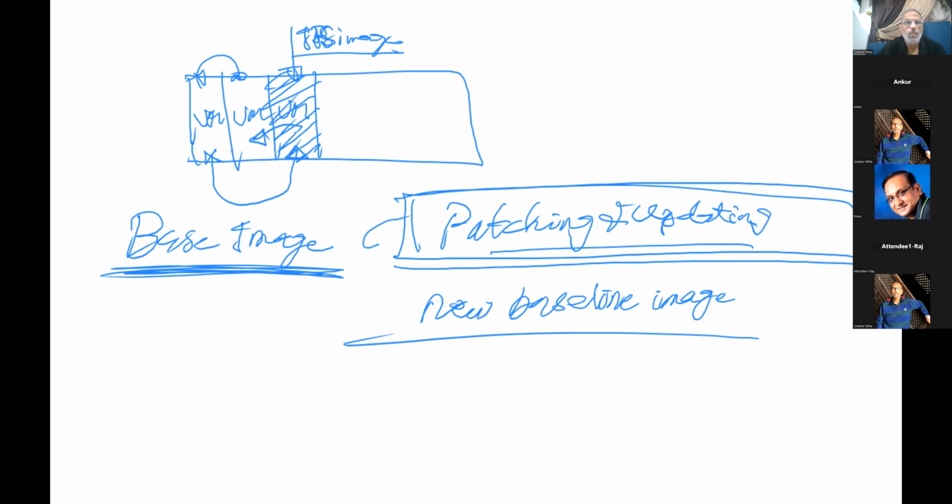So, sir, on this patching, will the cloud service provider follow the same steps as when changing the VM images, right? What do you mean? What are these steps you mean?